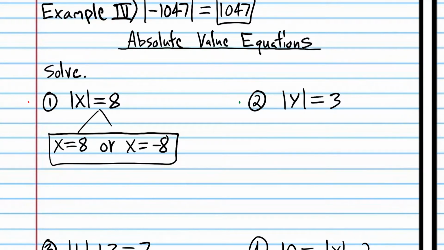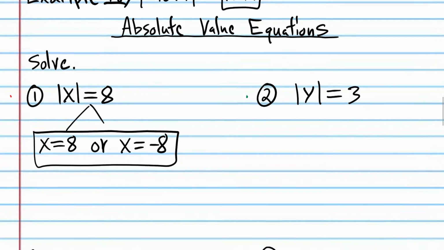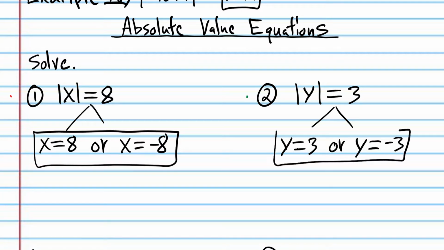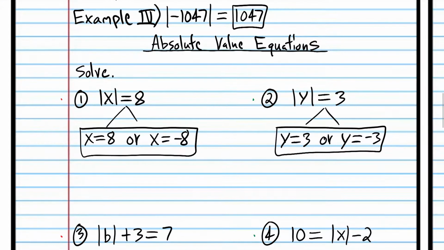All right, so number 2 is pretty much the exact same thing. So why don't you try number 2, and when you come back, we'll do it together. All right, we're back. So y can be 3, but y can also be negative 3. And that is the solution. So if you got that answer, good job.